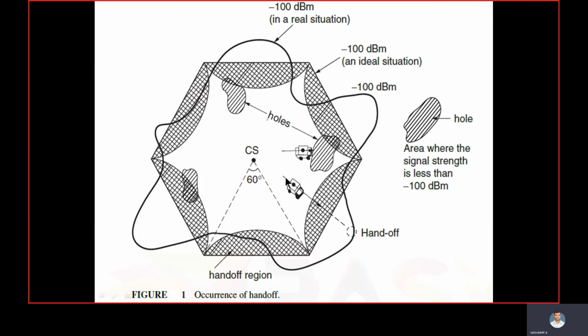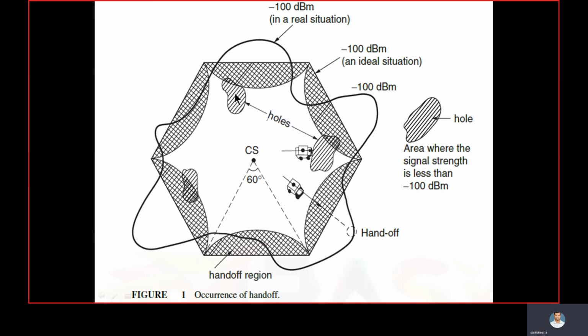So the first situation is whenever the mobile unit moves to the boundary of a cell site and the signal strength is less than minus 100 dBm; at that time handoff can be raised. Second, in practice the geographical area is not flat. It has hills or valleys, some obstacles or thick forest.